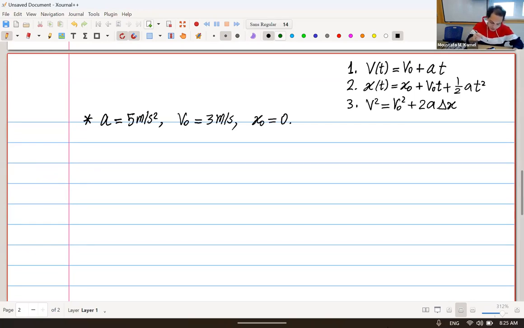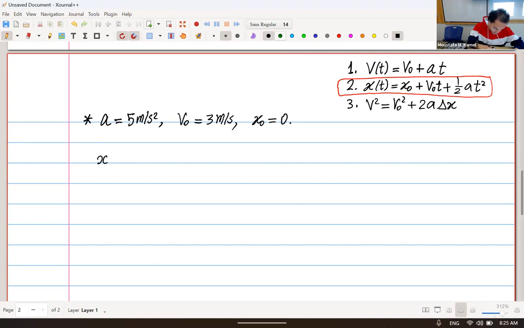Okay. So from equation 2, we want to calculate the displacement after 2 seconds, right?